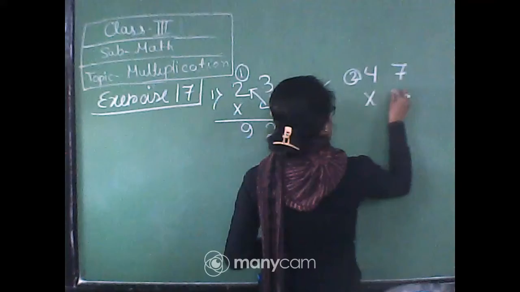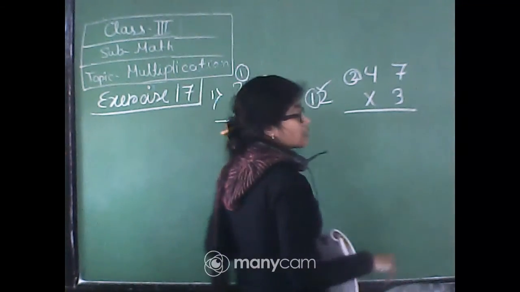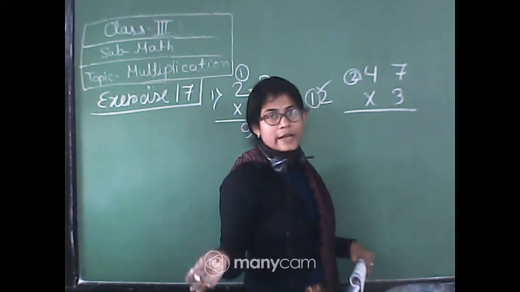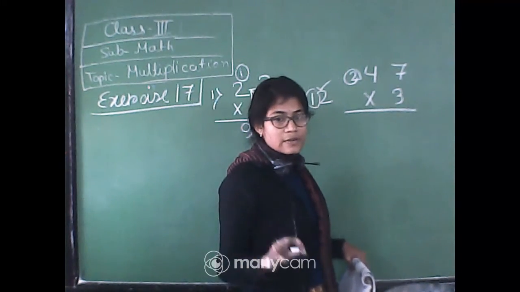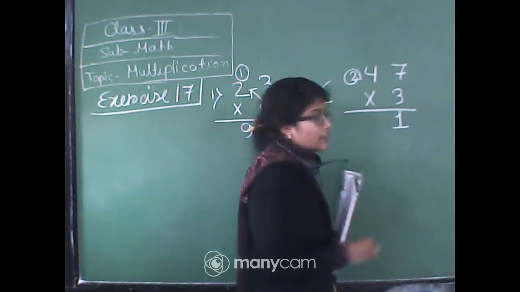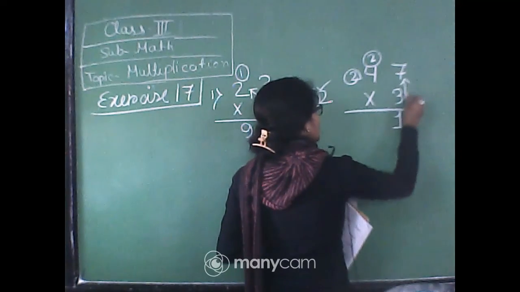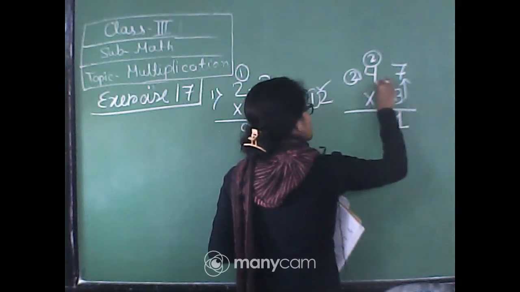Now take the second example: 47 multiplied by 3. Same process. 3 7s are 21. So we will write 1 here. The 2 will be carried to the next number on top. Then we will multiply this 3 once again with the 4.